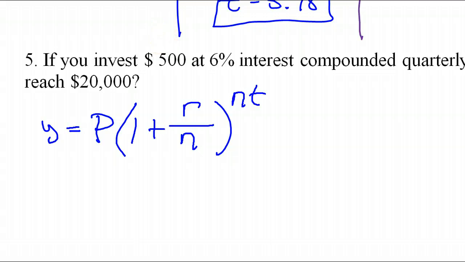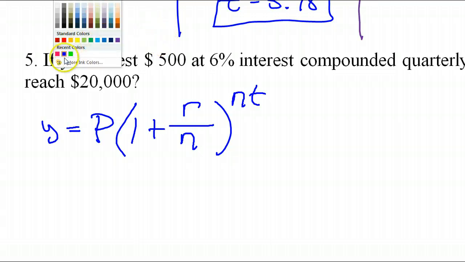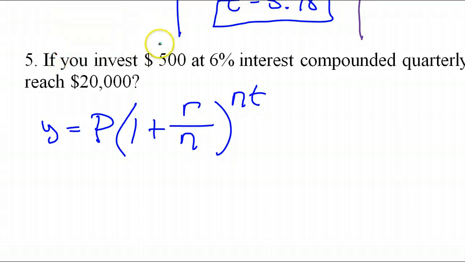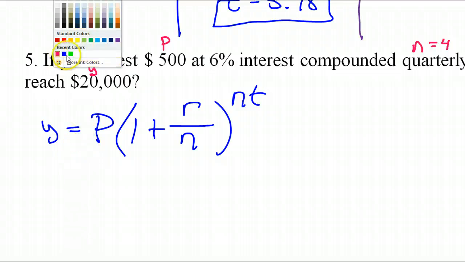That is your initial amount, so that is your P value. That's going to go here. Eventually, you have $20,000. So that is your Y value. And of course, the quarterly, we already said that's going to be n equals 4. So let's plug all this in.